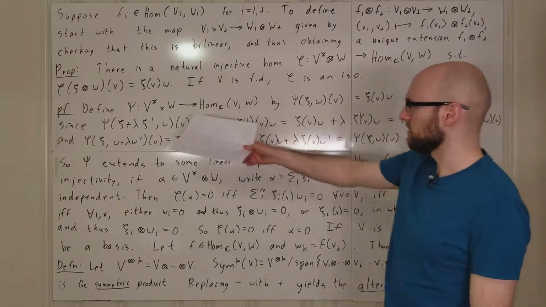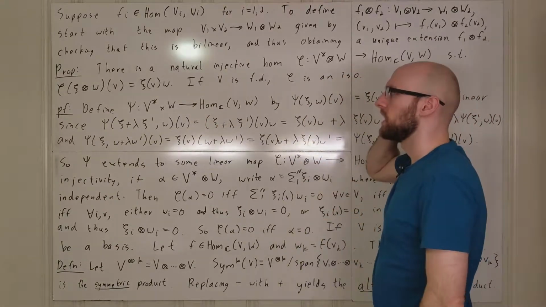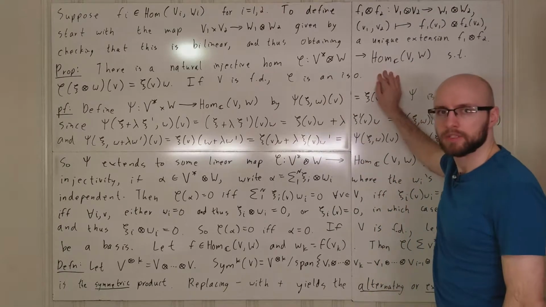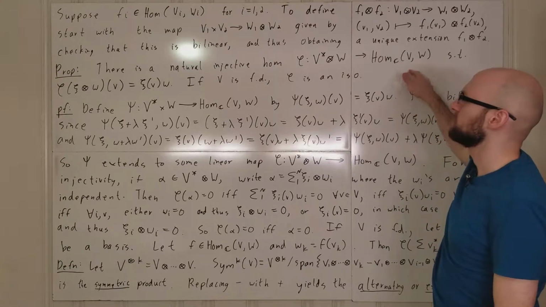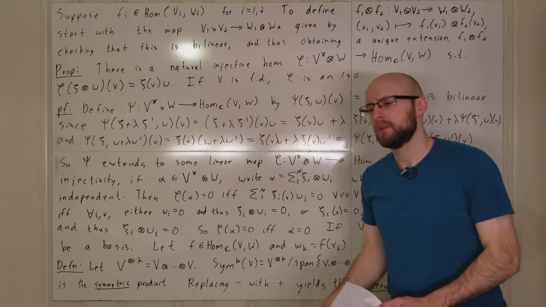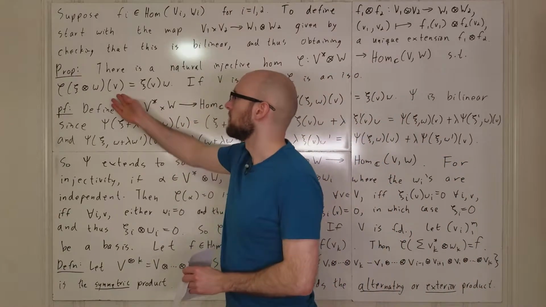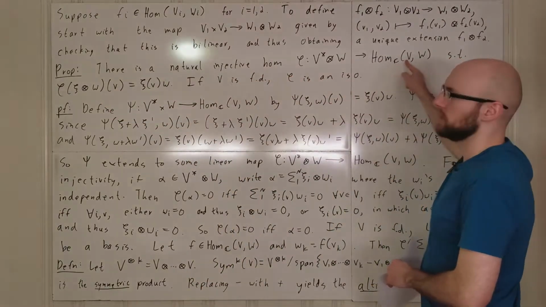And also where this v is coming from, that's because phi is going to map into the space of homomorphisms from V to W. So in order to specify that map, we're defining it by what it does to an element of here.